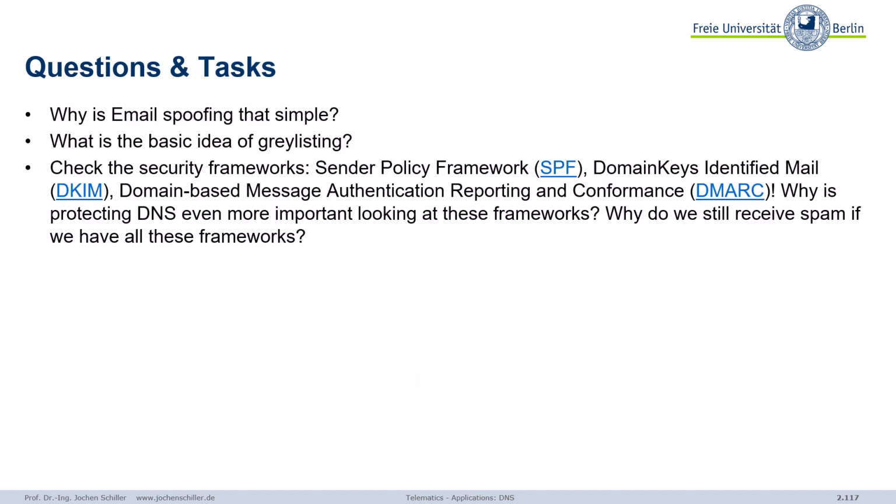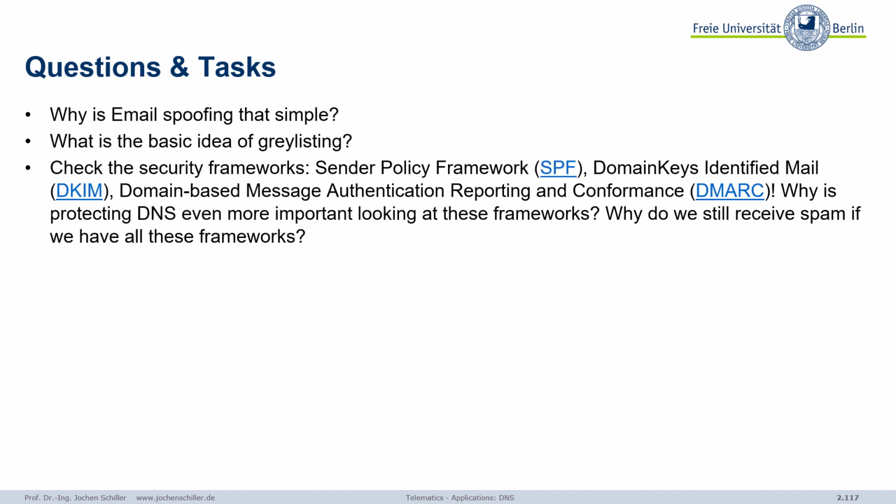Coming back to a bit of technology, why is email spoofing that simple? Go back to the architecture, how this was designed, and why is it that easy? What is the idea then of greylisting, a way of preventing this spoofing? And then please do have a look at SPF, at all the different other architectures, frameworks.